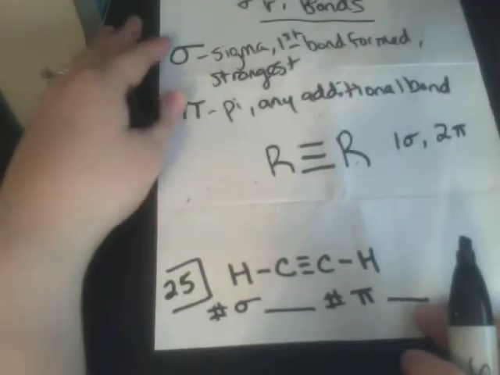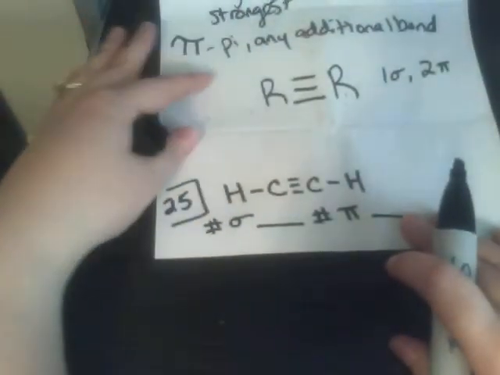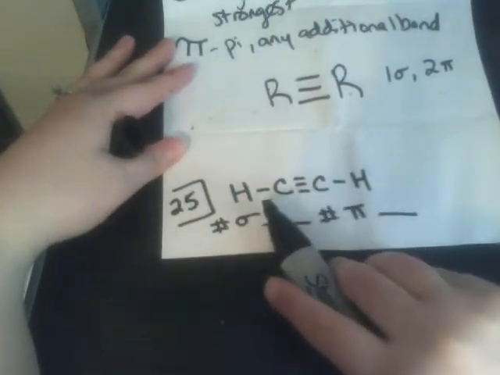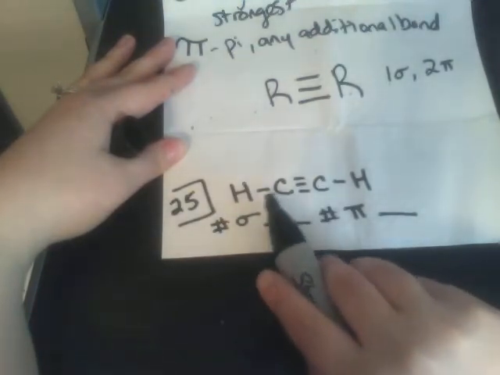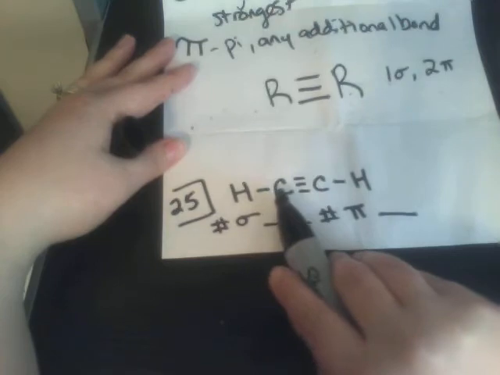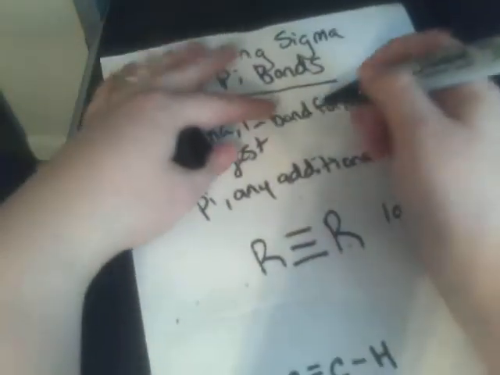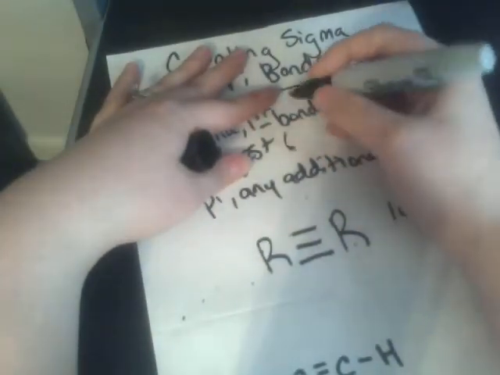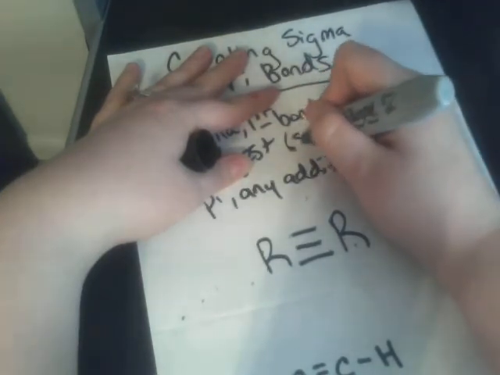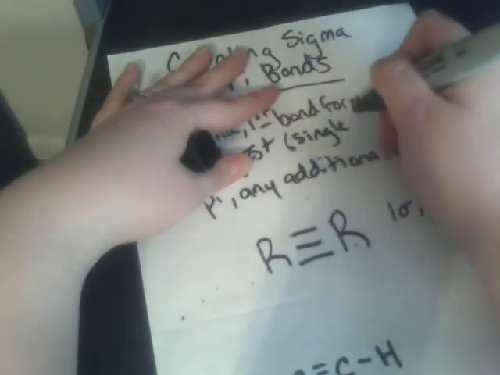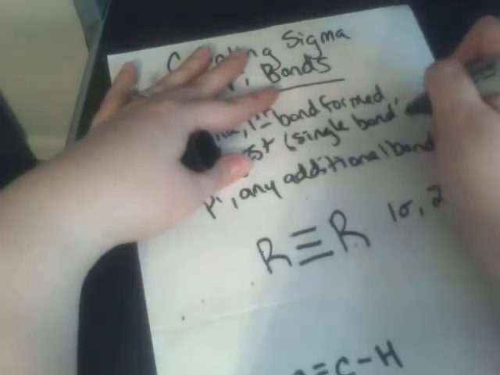So let's look at number 25, that's in your homework, and let's count. So any first bond, single bond, right? So we can even say any single bond is pi. Or sorry, is sigma.